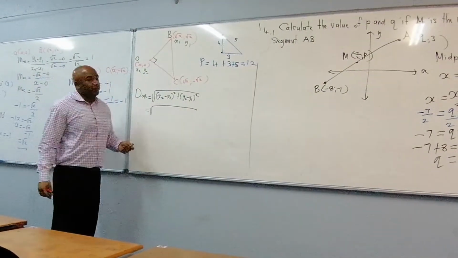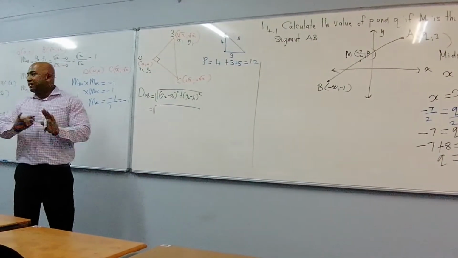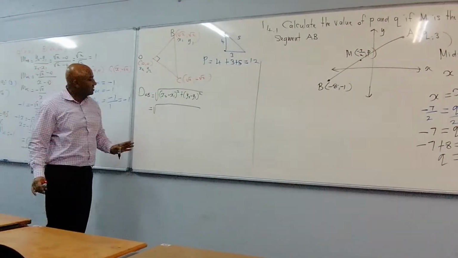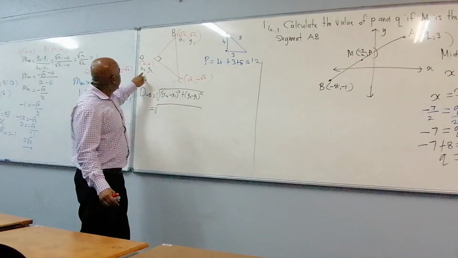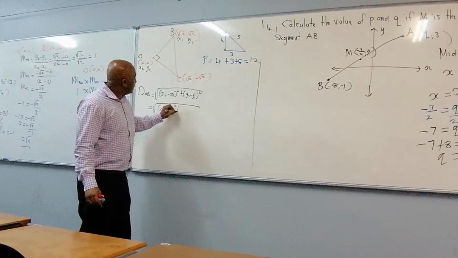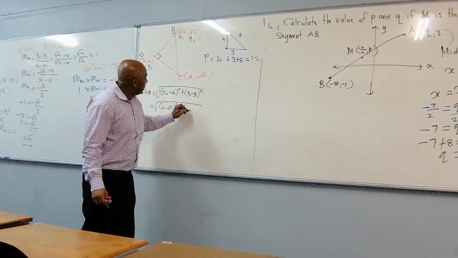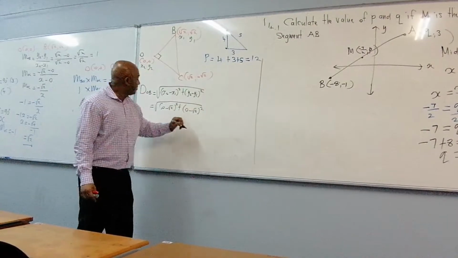So distance formula again, there's not much thinking, it's just to substitute, use your calculator and work it out. So x2 minus x1, that's 0 minus root 2 squared, plus y2 minus y1, so that's 0 minus root 2 again.